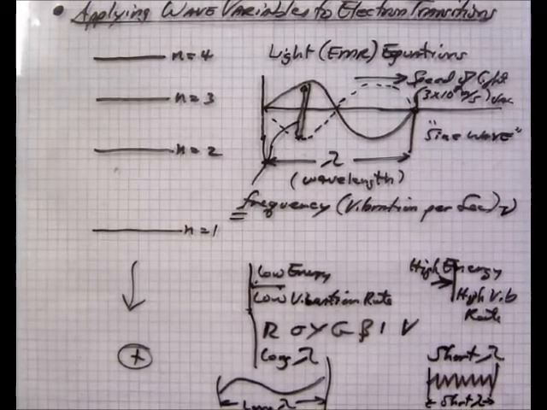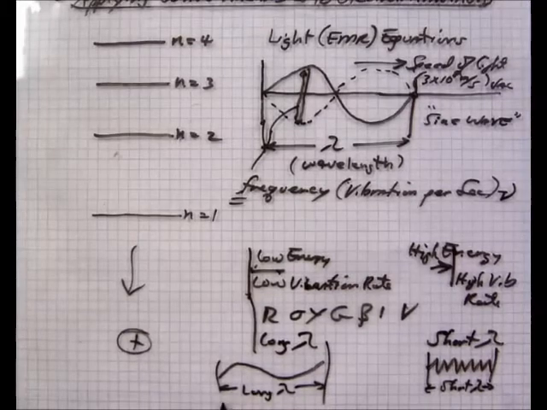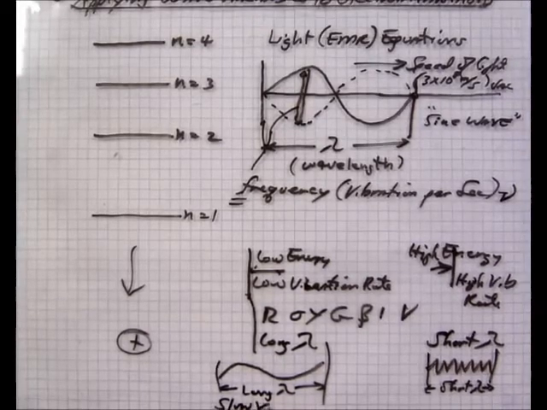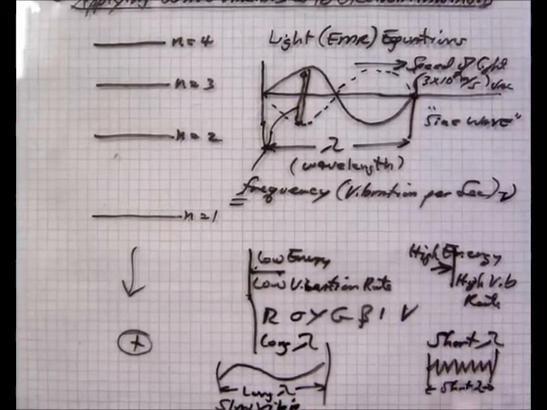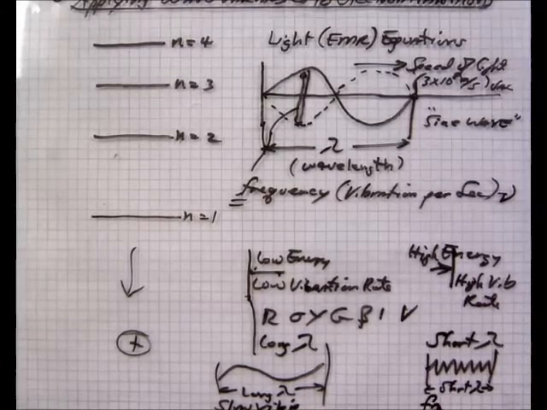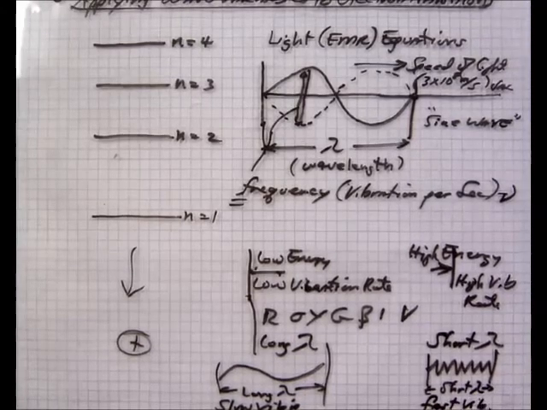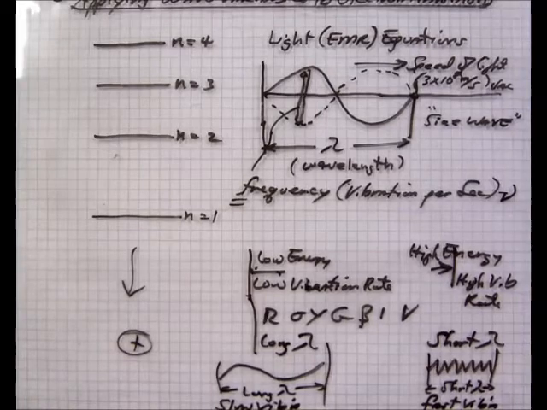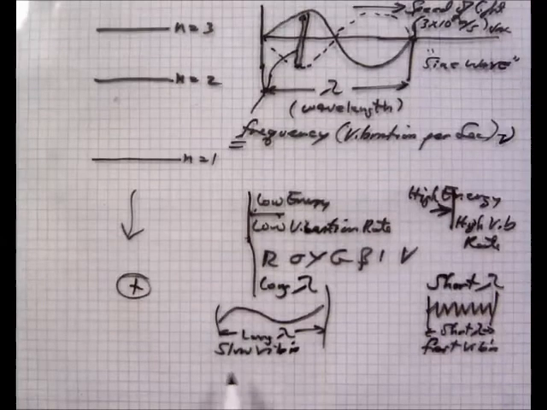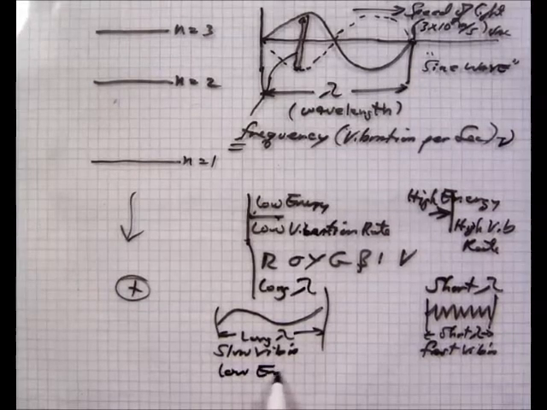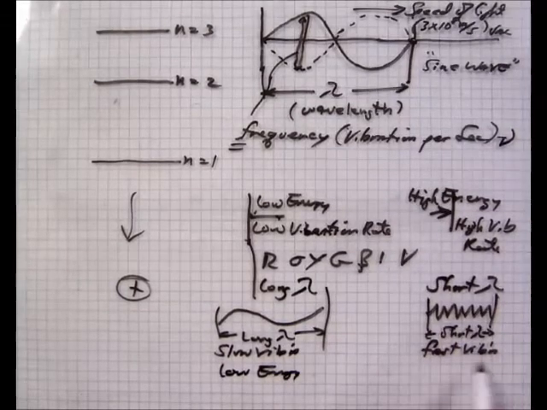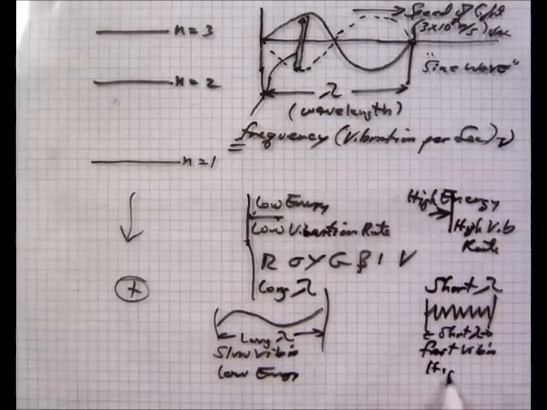You'd have a long wavelength and slow vibration, and then short wavelength and fast vibration. So how do you translate these into energies? Well, a slow vibration is low energy, and the fast vibration is high energy.